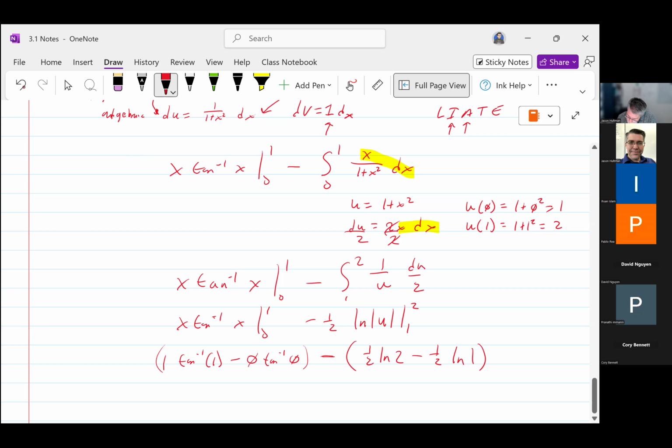What's 0 times the inverse tangent of 0? 0. What's the natural log of 1? 0. Okay, so what's the inverse tangent of 1? Did I stump everybody? What is the inverse tangent of 1?